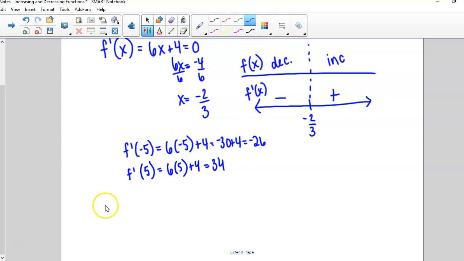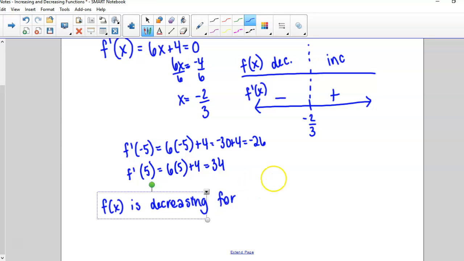So you would say f of x is decreasing for, I'm just going to use interval notation, negative infinity to negative 2/3. But you could use inequality notation if you want.